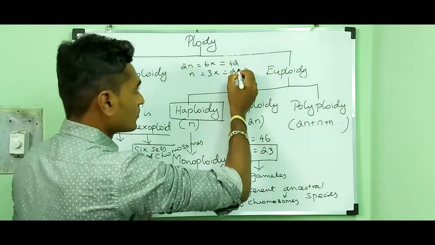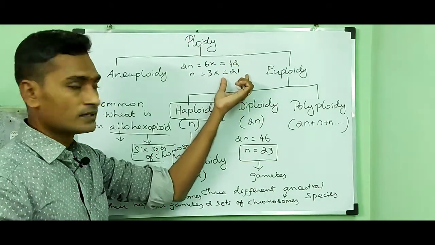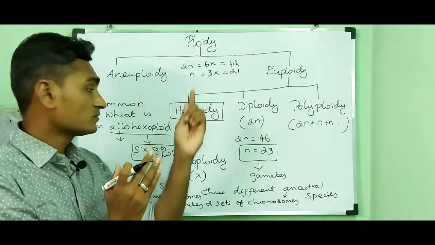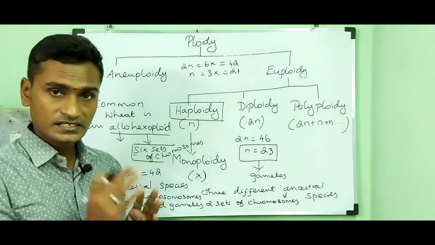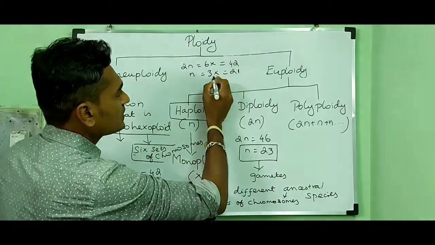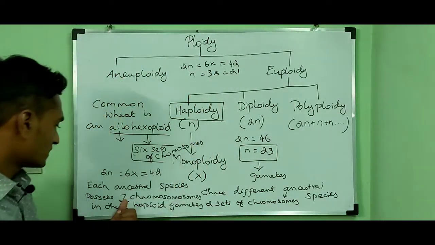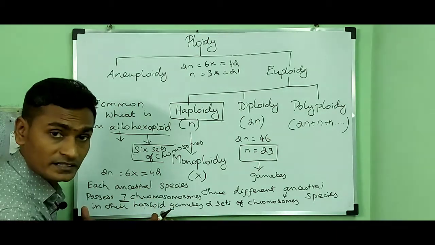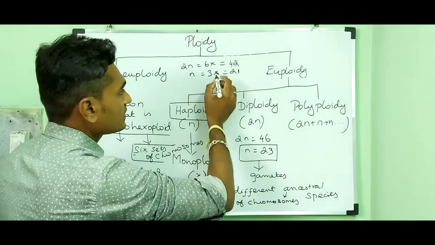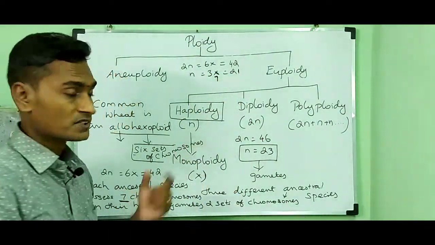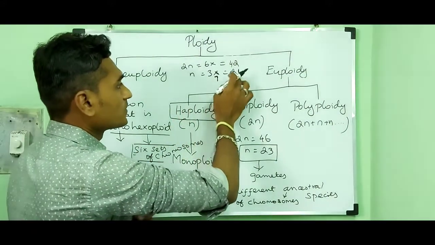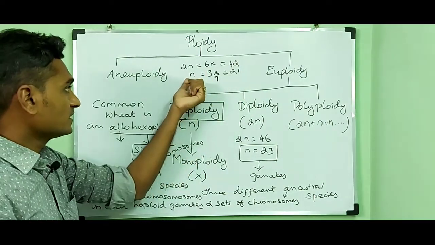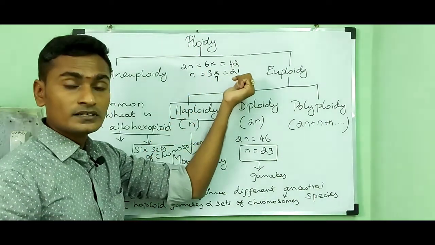How do I get this value? Half the number of somatic chromosomes are referred to as gametes. Each ancestral species possesses 7 chromosomes in their haploid gametes, so x means 7 chromosomes. Multiplying by 3, you get 21 chromosomes. So in the haploid condition, n is equal to 3x is equal to 21.